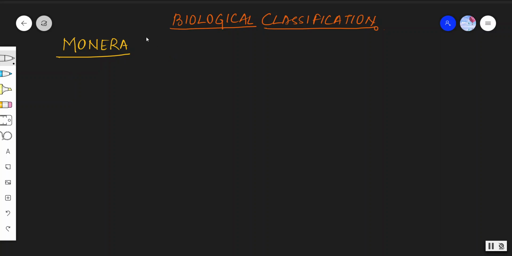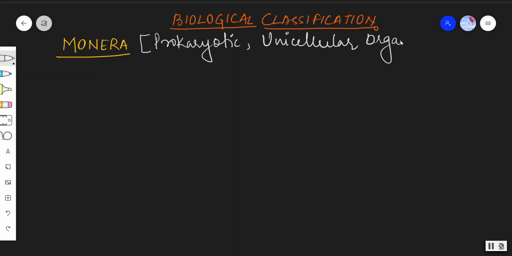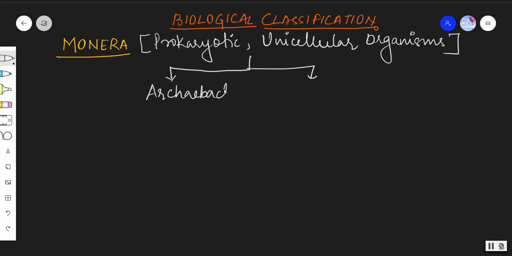the first kingdom, okay, and this is Monera, which includes prokaryotic unicellular organisms. And if I say in broad terms, we are going to take Monera into two groups, that is Archaebacteria and Eubacteria.